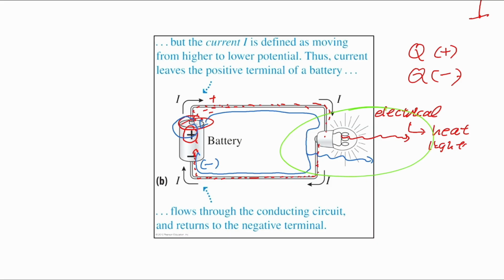So we cannot tell. It means in all practical senses, positive charge starting from the positive terminal and flowing through the circuit is equivalent to negative charge starting from the negative terminal and flowing through the circuit. They produce the same effect.